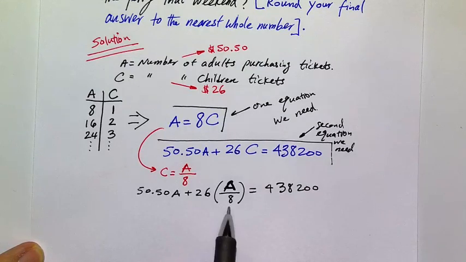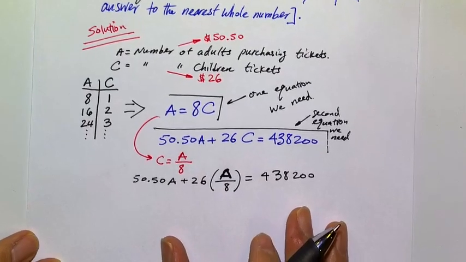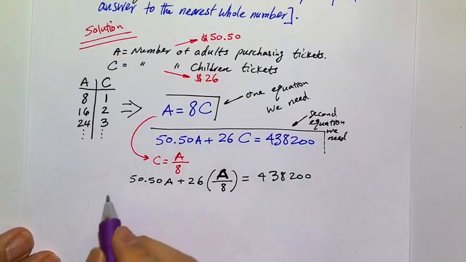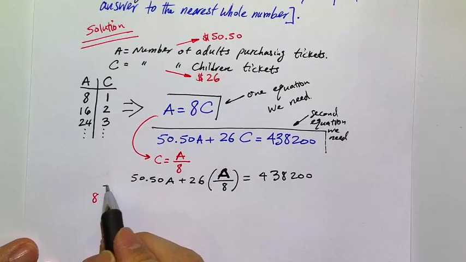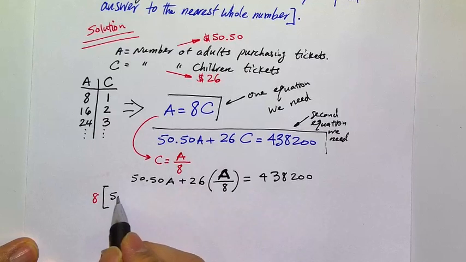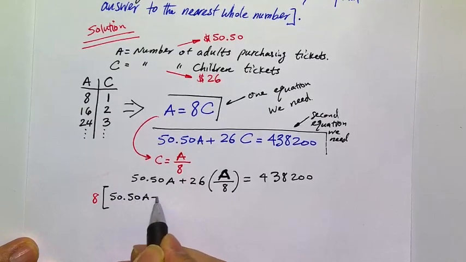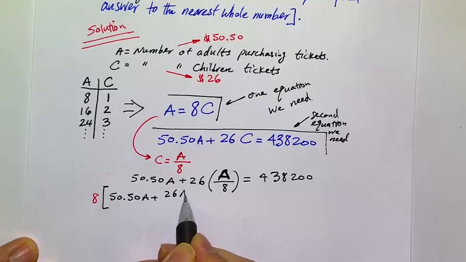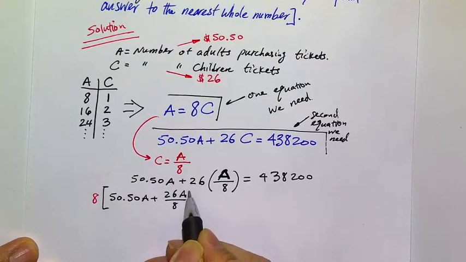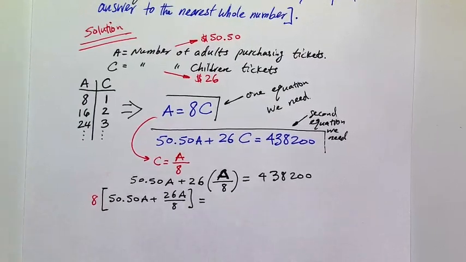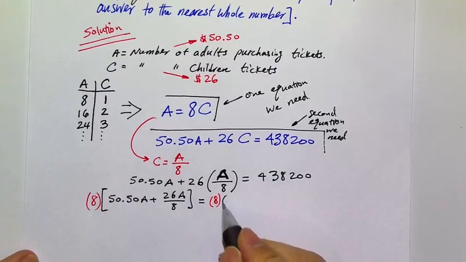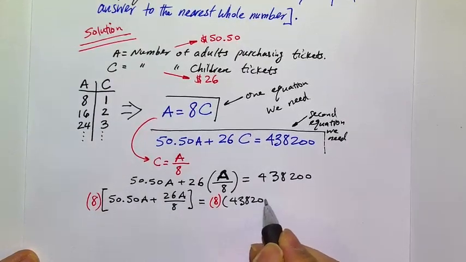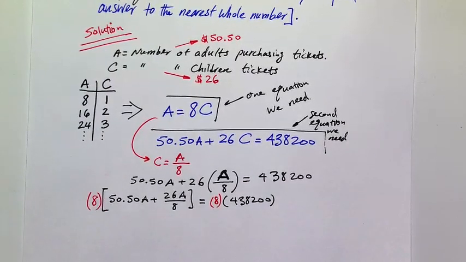So now we're just solving for A. To get rid of this fraction, let's multiply both sides by 8. So 8 times all of that equals 8 times the right side. Right? So let's distribute the 8.